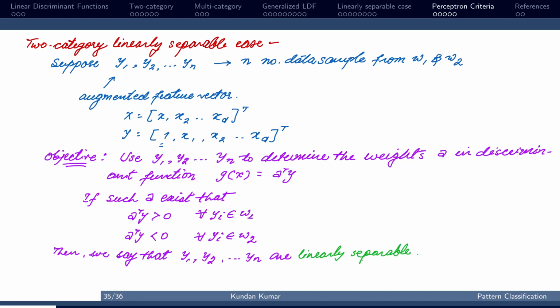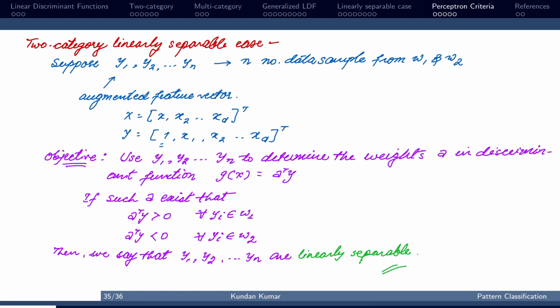We always try to find such a vector A that all the training samples are classified correctly. If all the samples from class 1 are classified as class 1 and all the samples from class 2 are classified as class 2, then we can say that the samples are linearly classified using this weight vector, using this discriminant function that we are going to define.